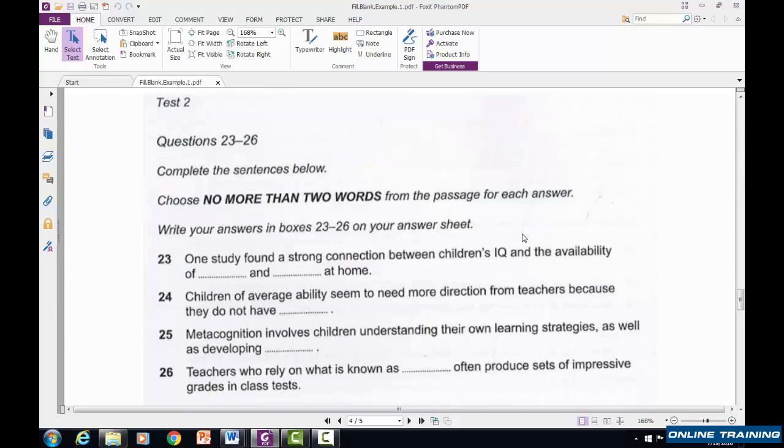So we have to find our keyword sentence dealing with metacognition and children's understanding and learning. Those are our keywords: metacognition, children understanding, and learning. And we know our answer is going to connect to a word that is a synonym or direct copy of the word developing, but it's probably going to be a synonym. So let's look for that sentence.